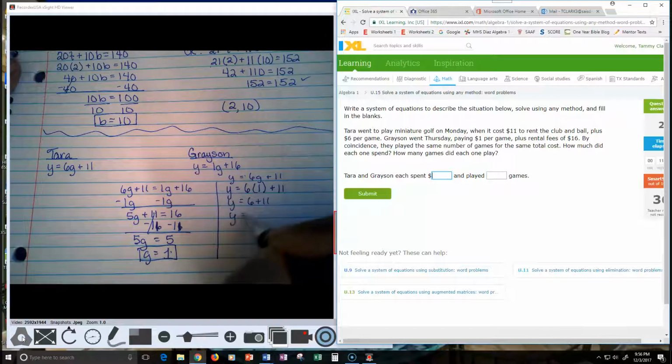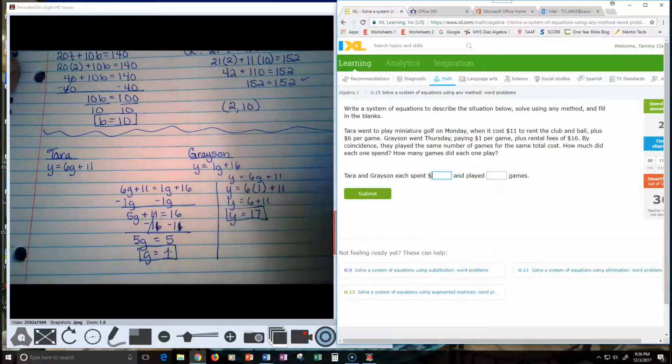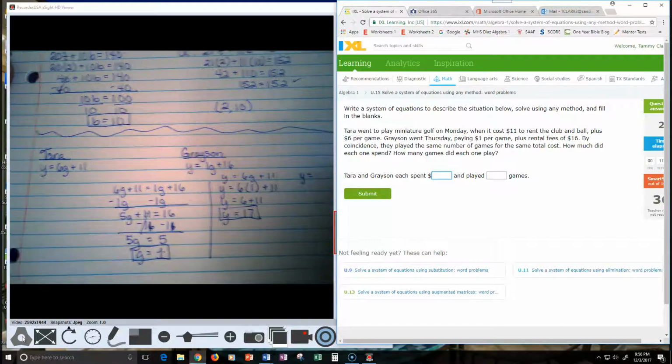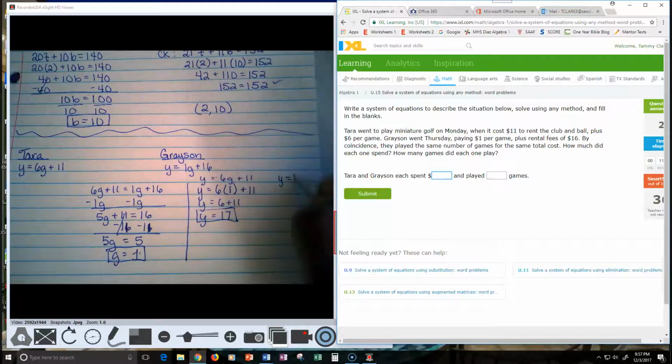So y is equal to 17. Well, let's check Grayson. Might as well. So Grayson is y is equal to 1g plus 16. So y is equal to 1 times 1 plus 16. y is equal to 17.